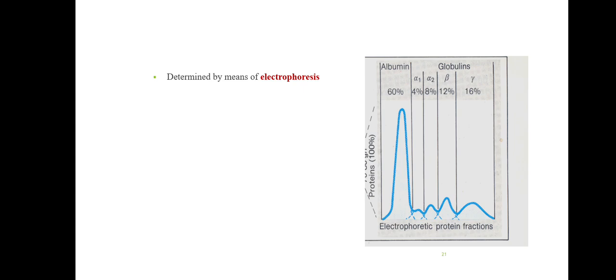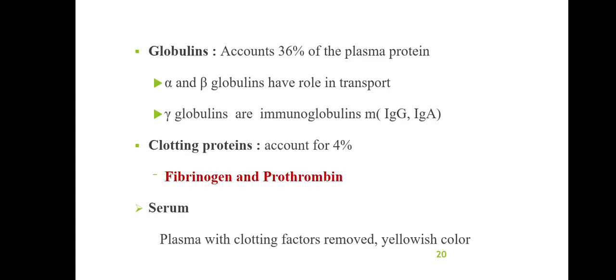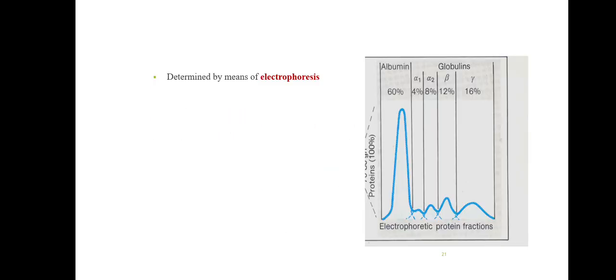So you should know how scientists tried by all means to know that we have alpha and beta globulins that are involved in transport, and gamma globulins. This is done and made easier through the process we call electrophoresis. In electrophoresis, this is a device that works under electrical current.